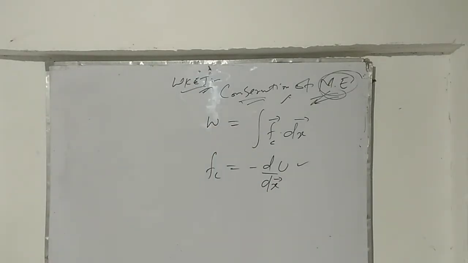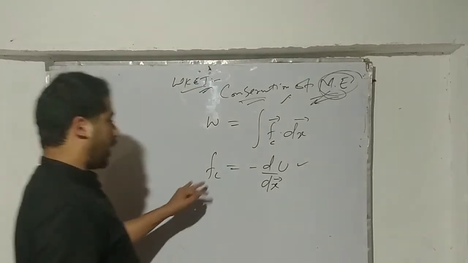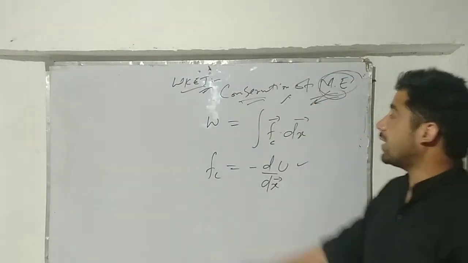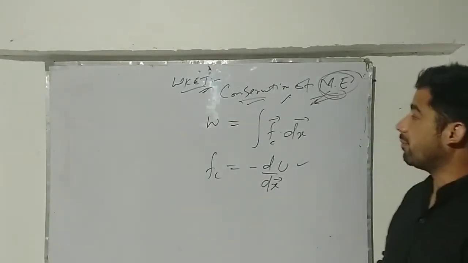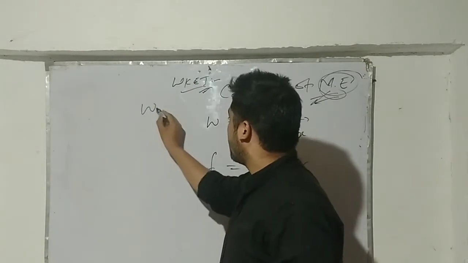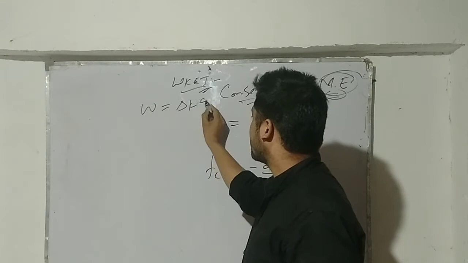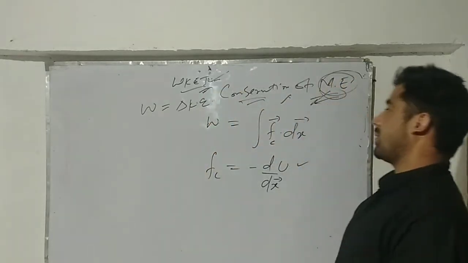Third, in the last discussion I used the work-kinetic energy theorem. From it, when work is done on the system, there must be a corresponding change in the kinetic energy.